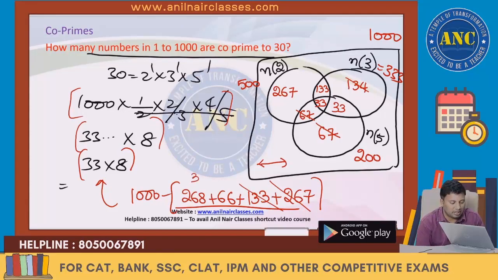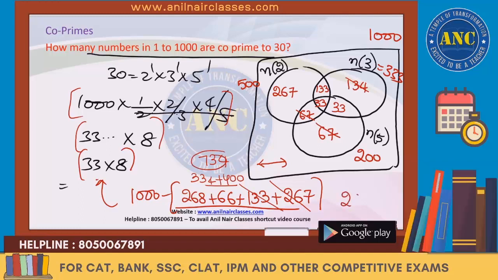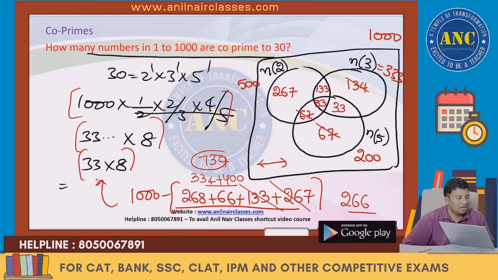This is 334. 334 plus 400 is 734. 734 is nothing but 33 point something. 1000 minus 734 gives 266 point something.